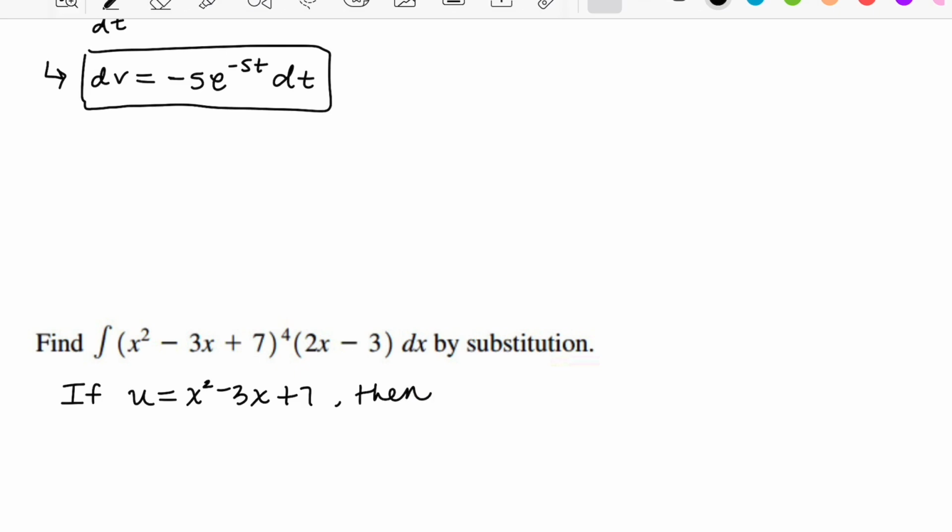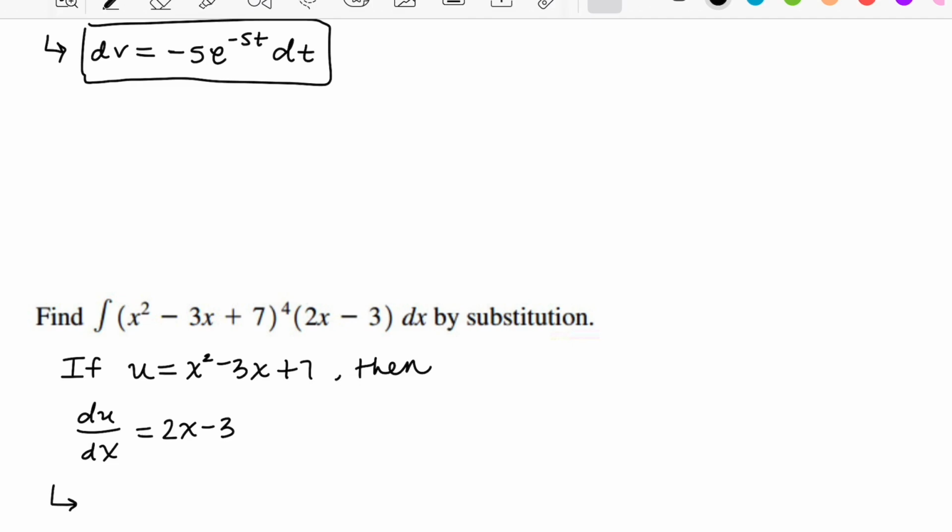notice that if we wanted to take the derivative of that with respect to x, this would be equal to 2x minus 3, which in turn, du is going to be equal to 2x minus 3 times dx if we're to multiply by dx on both sides.